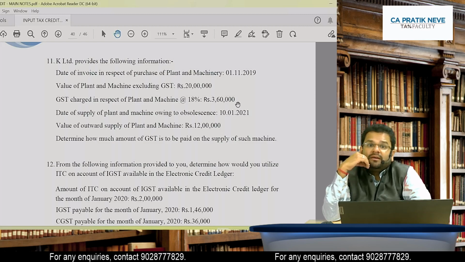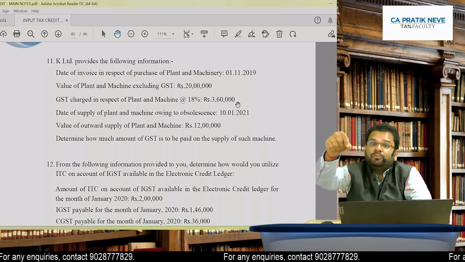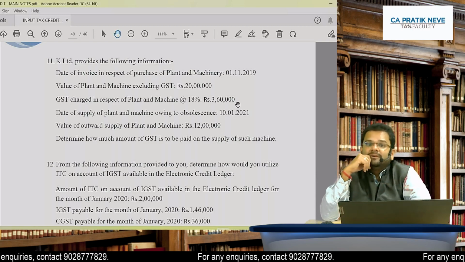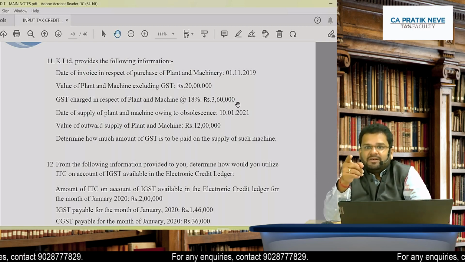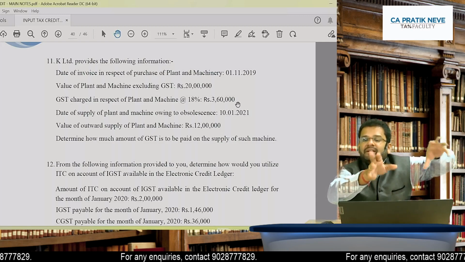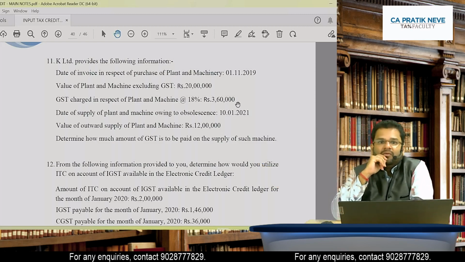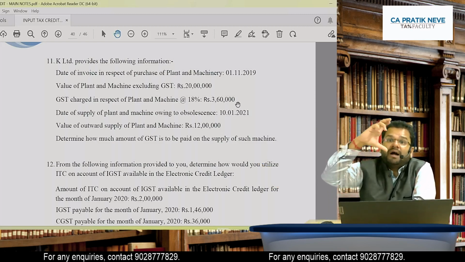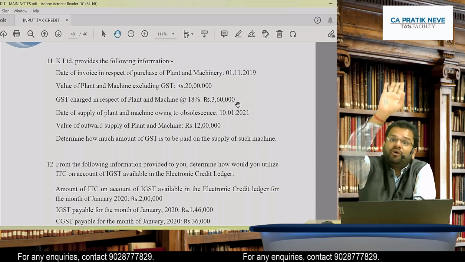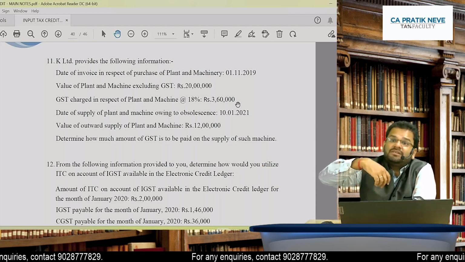So don't you think if there is a balance of ITC of IGST, it will be used entirely to pay output tax of CGST? Yes. Now, if you use it equally, it's not incorrect, but it is bad planning. What will happen, you know? A lot of ITC of SGST will carry forward and a heavy amount of CGST will be paid in cash.